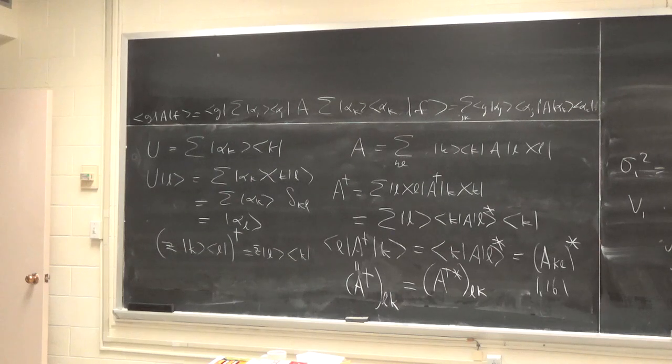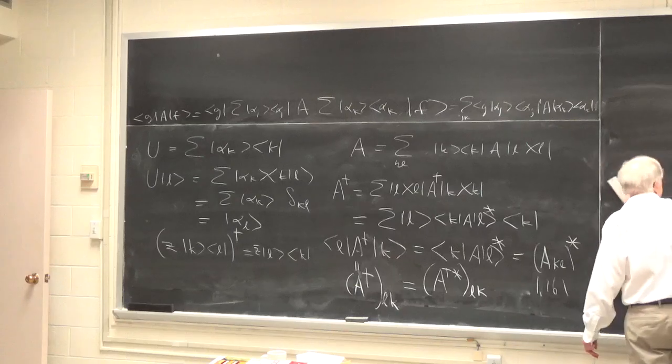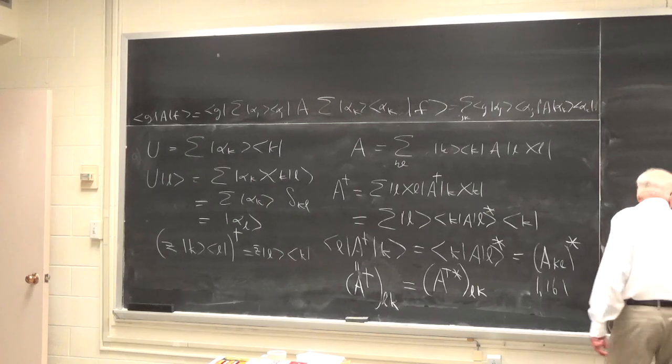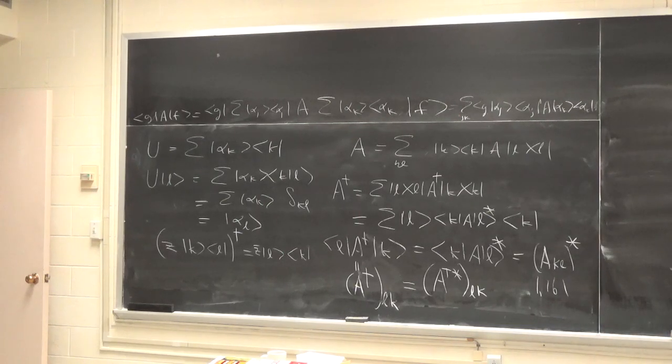Why don't you guys tell me, have you had enough of this Dirac notation and I should skip on to the next topic, or do you want me to do a few more examples?